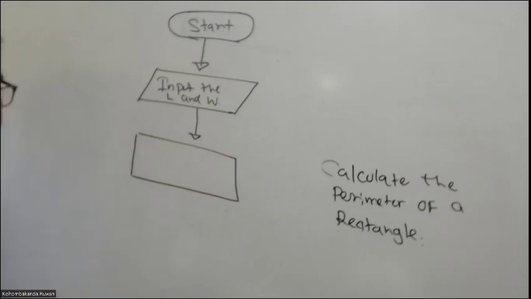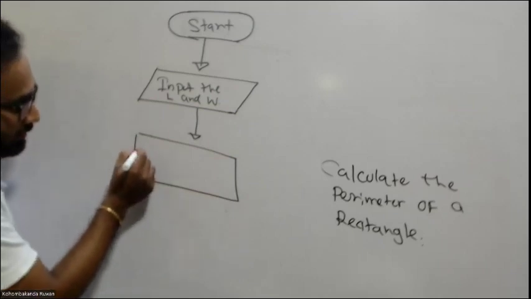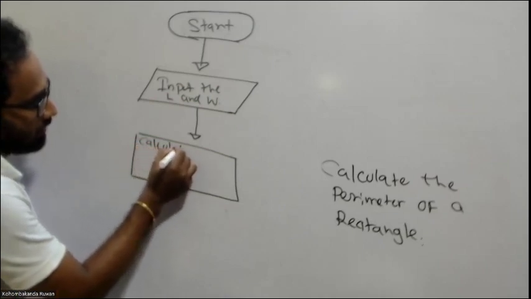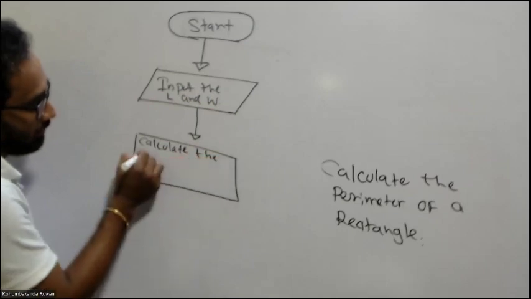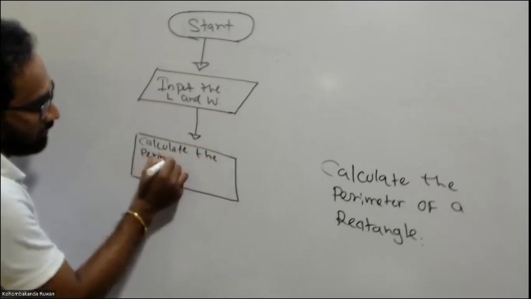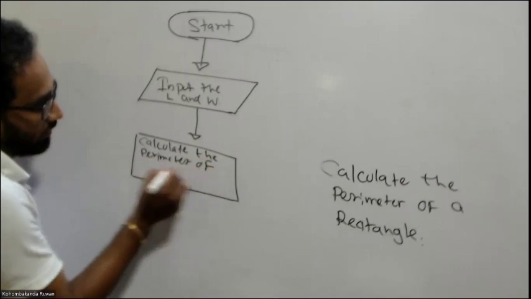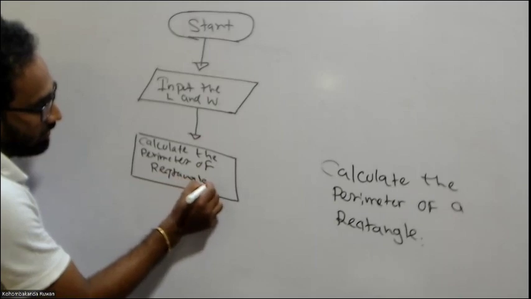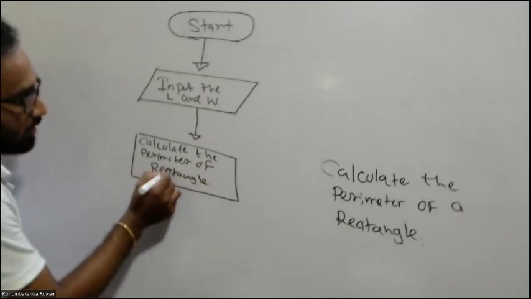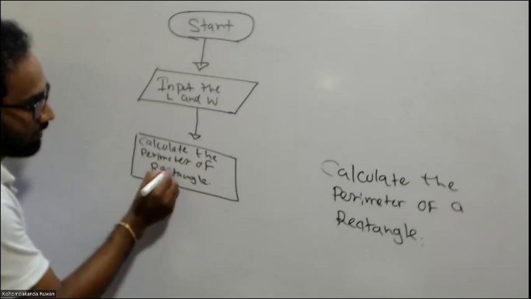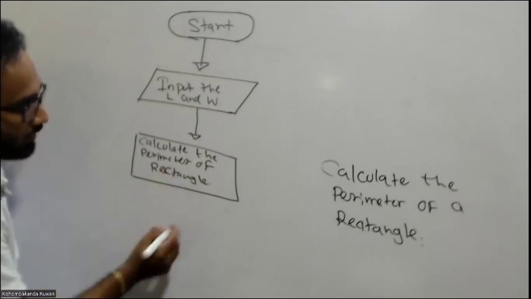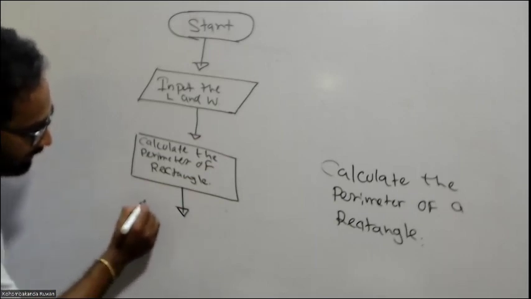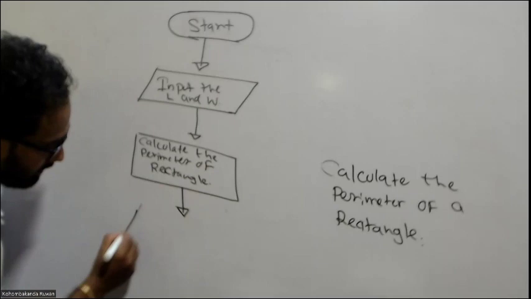Calculate the perimeter of the rectangle. Then you will get the perimeter of the rectangle.